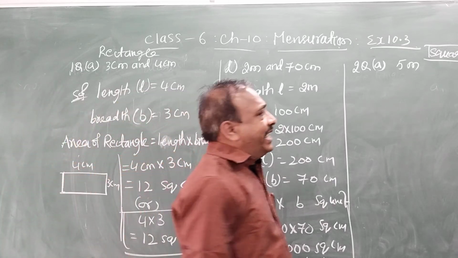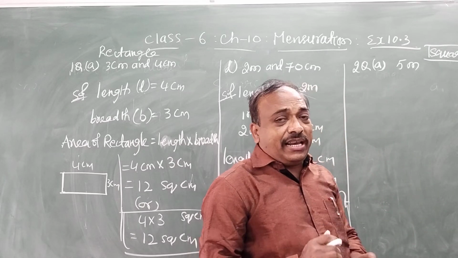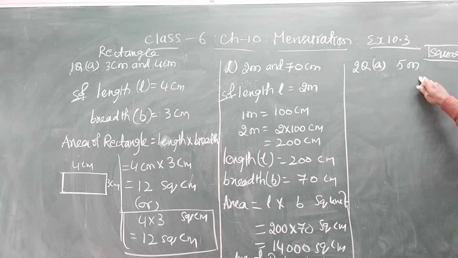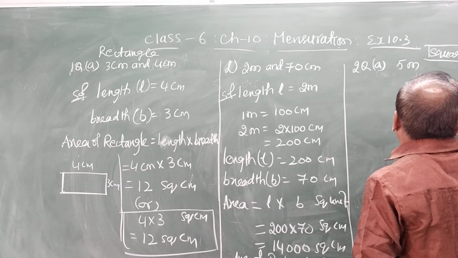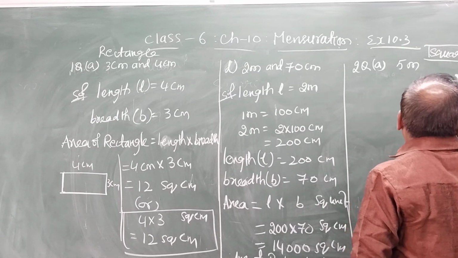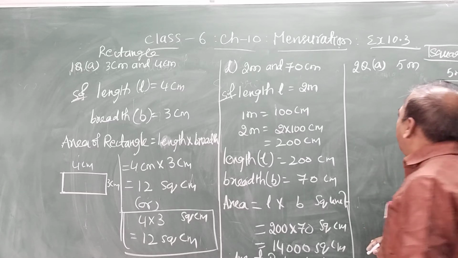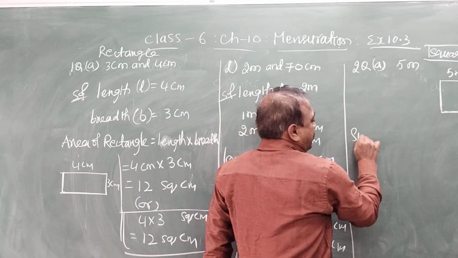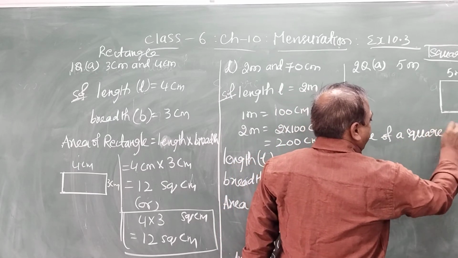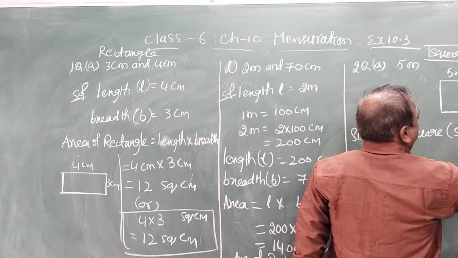Now question number 2: find the area of the square whose sides are given. Here the side of the square is given as 5 meters. So a rough diagram of the square: this is 5 meters, and all sides will be 5 meters.